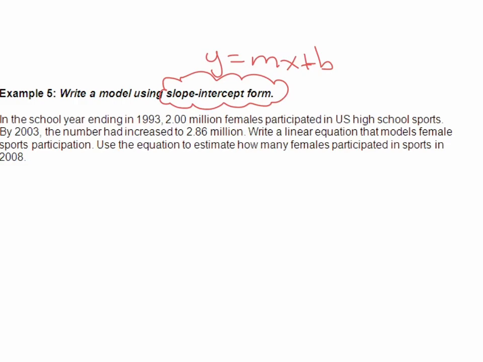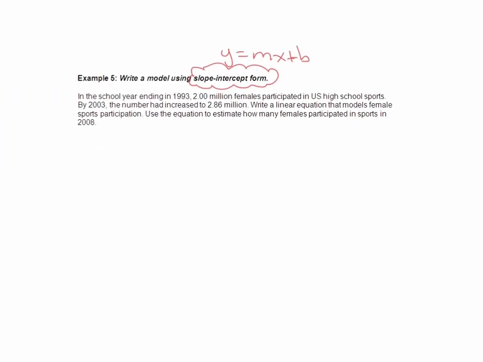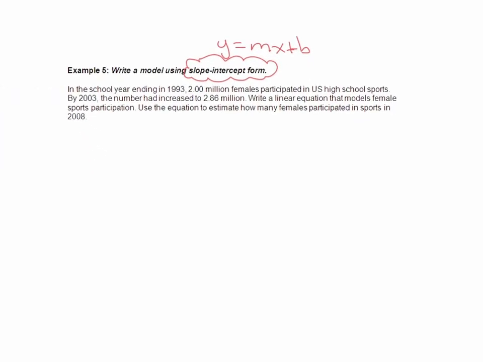So let's go ahead and take a second to read it together. It says, in the school year ending in 1993, so this is an oldie but a goodie. In the school year ending in 1993, 2 million females participated in U.S. high school sports. According to the same study, by 2003, the number had increased to 2.86 million females.